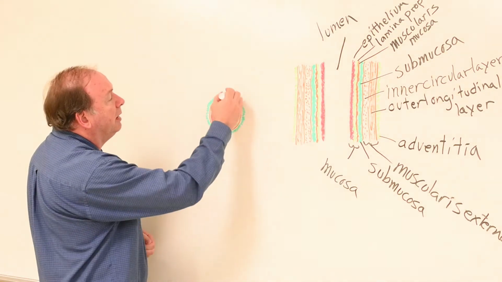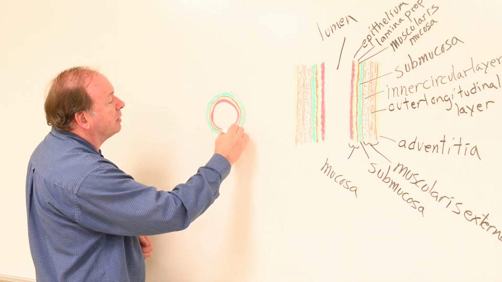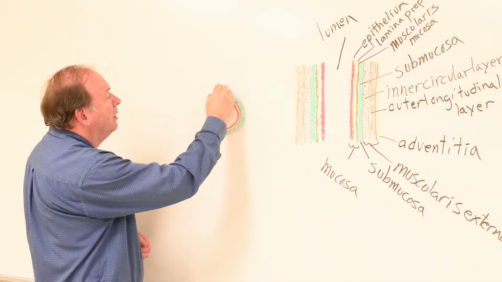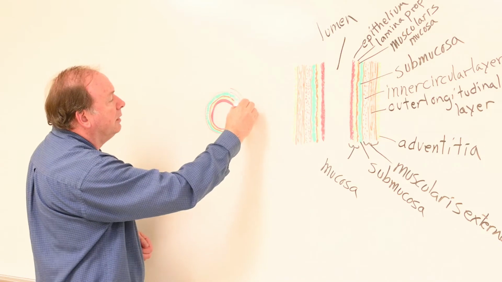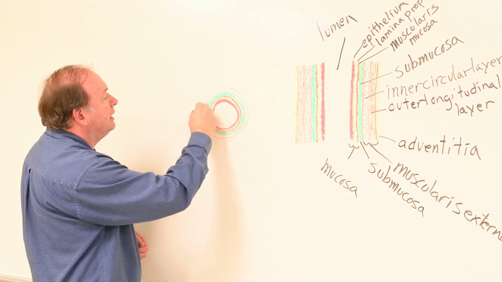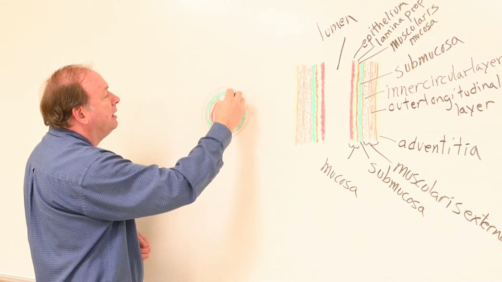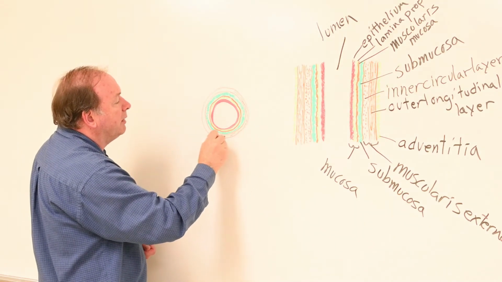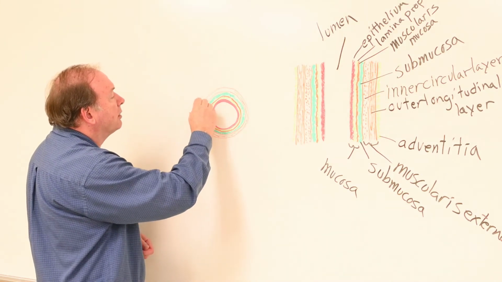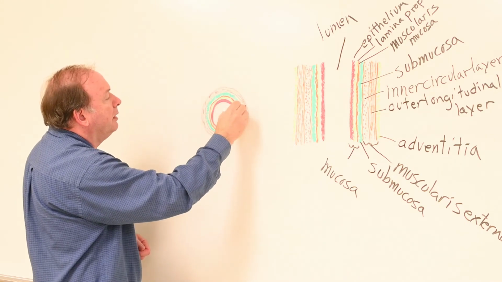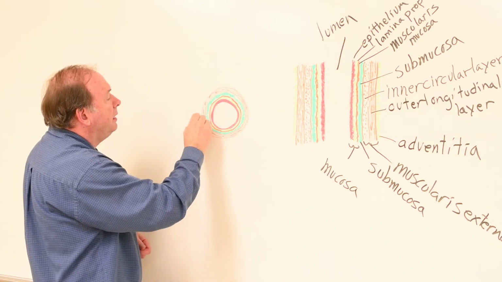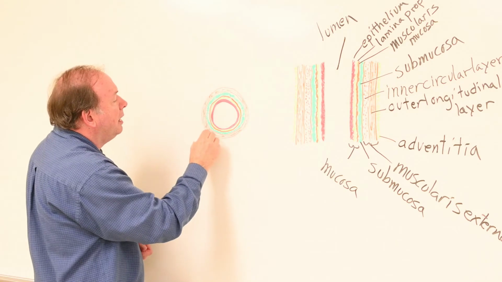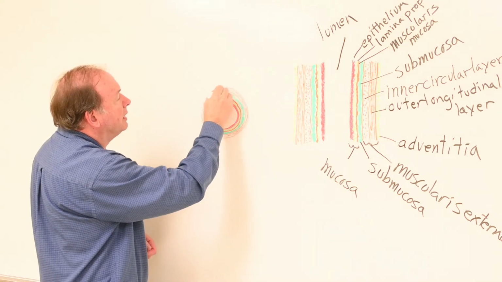We have an inner circular layer. It's fairly thick. So all of that represents the inner circular layer right here. So we have the muscle cells arranged in a circle. Inner circular layer of muscle in the muscularis externa.